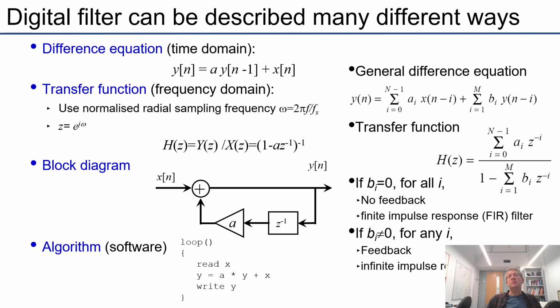You can do these things easily for simple first order difference equations and so on, but it generalizes to filters with any number of coefficients. So for instance, where the current output is a function of hundreds of previous inputs, or current and previous inputs, and hundreds of previous outputs.